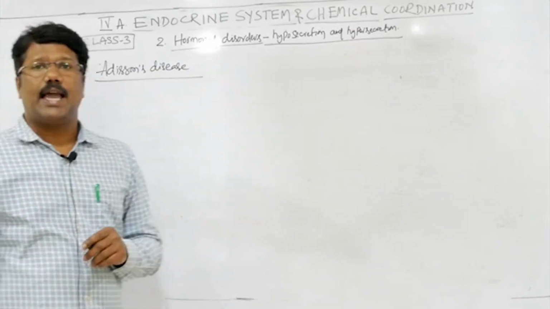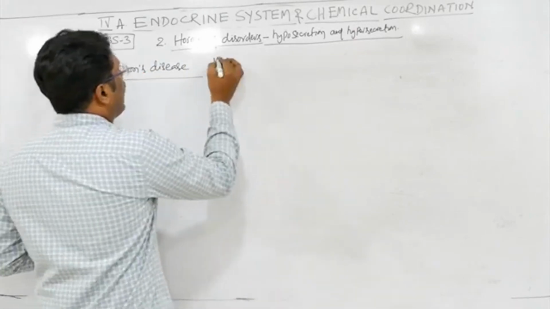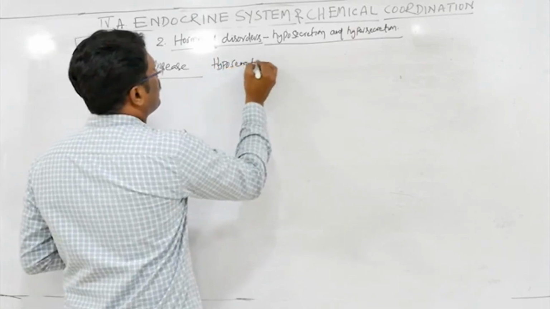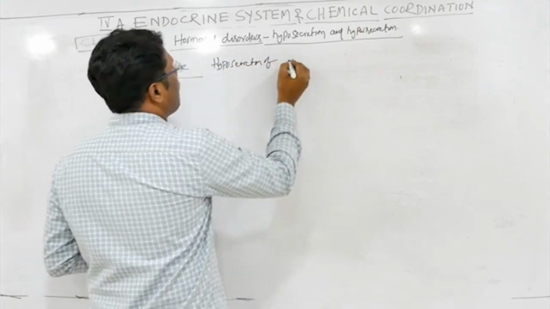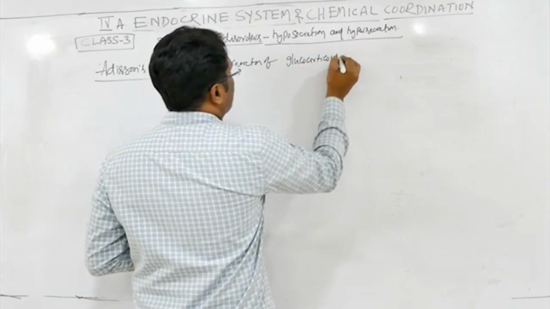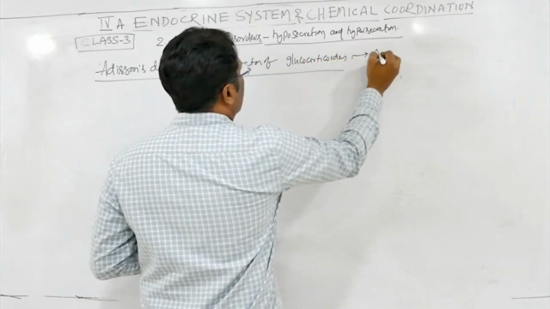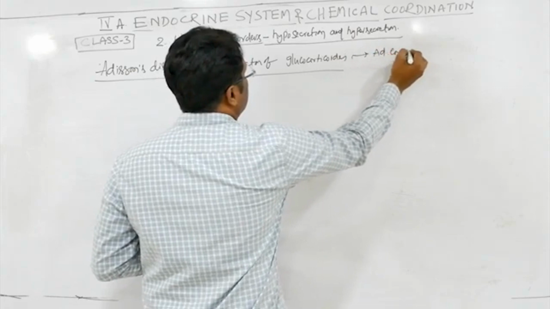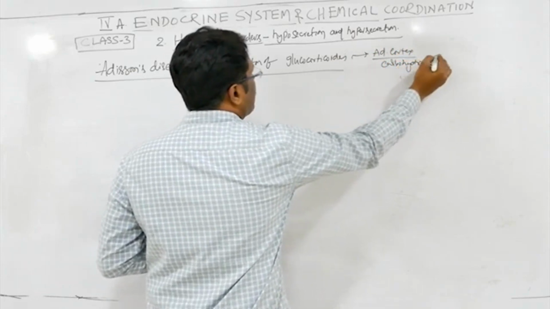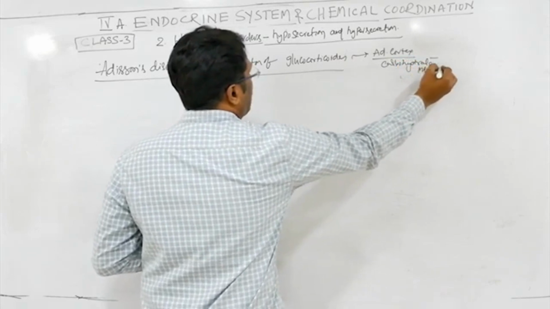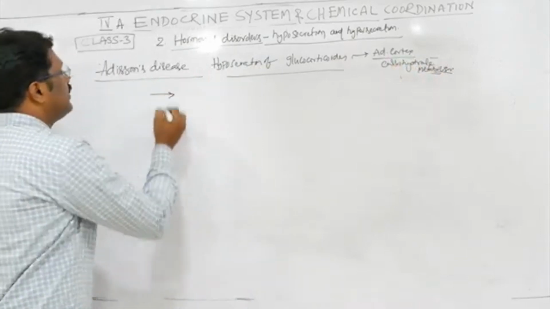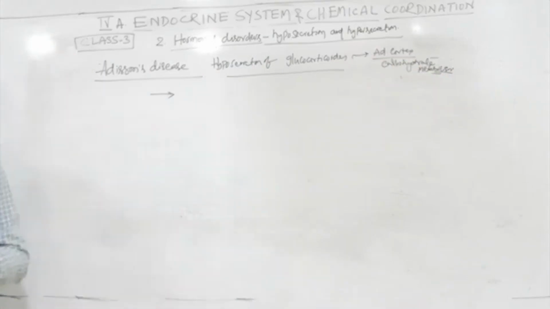Addison's disease is characterized by hyposecretion of glucocorticoids. We know the glucocorticoids are secreted from the adrenal cortex, and these are responsible for carbohydrate metabolism. Hyposecretion means that these are secreted in very low amounts.